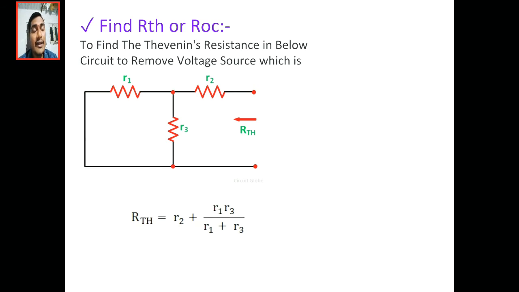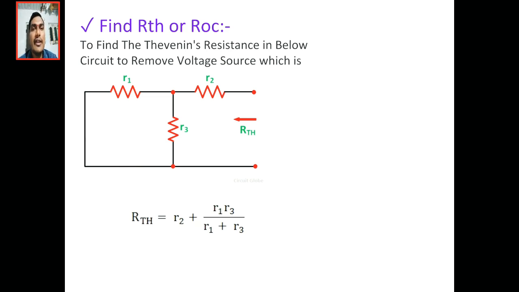When we are finding Thevenin's resistance, we have to inactivate the voltage source and current source. So what does inactive mean? Whenever there is a voltage source, we have to short circuit that voltage source. If there is a current source, we have to open the source.